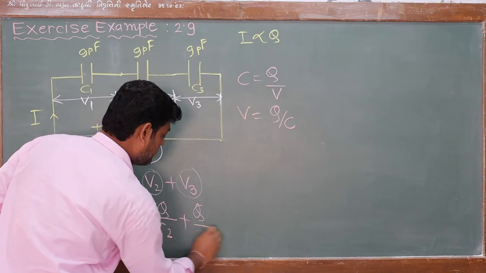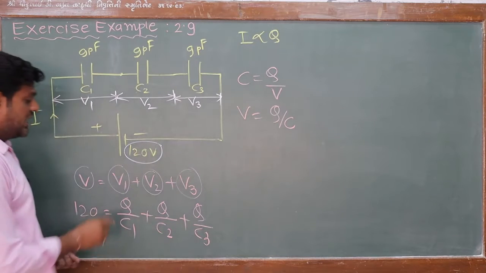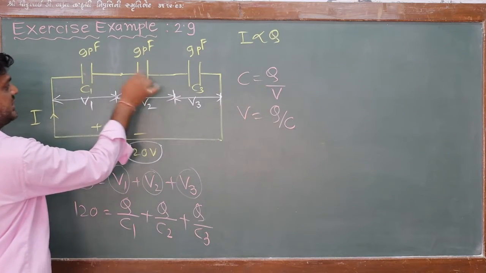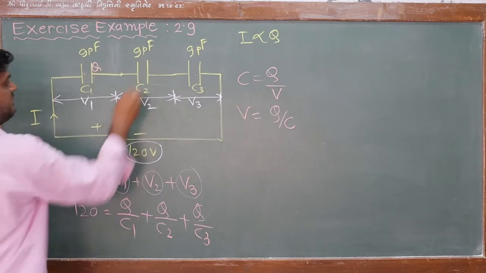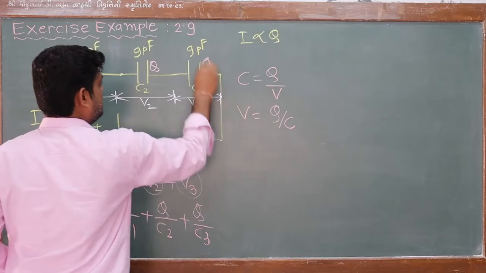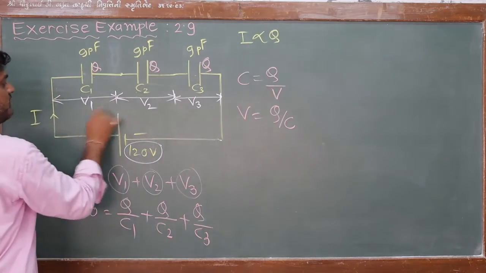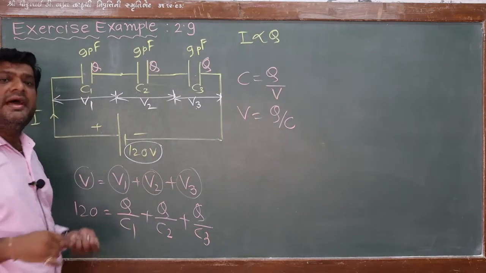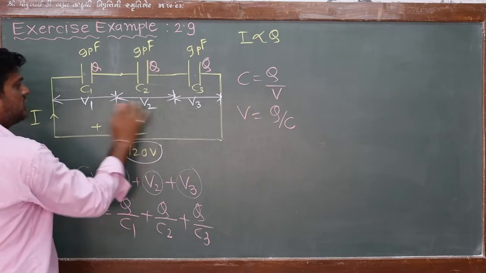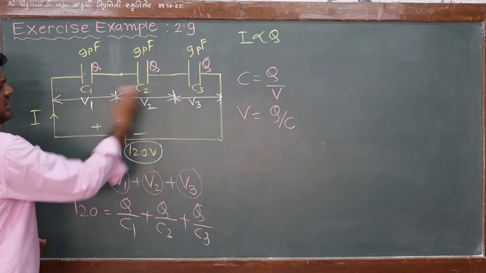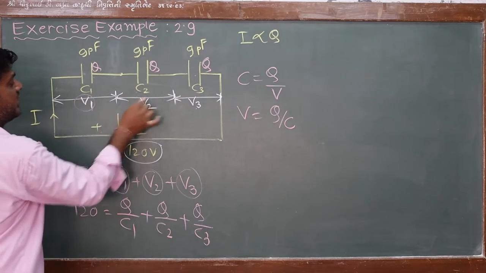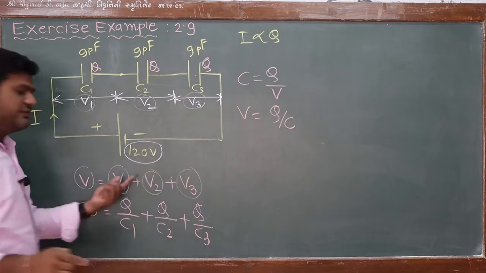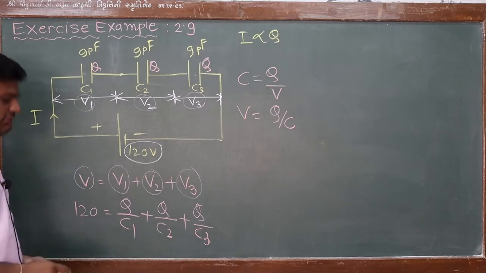Charge will not divide, so the charge on the first, second and third capacitor will be the same. V1, V2, V3 are the potential drops across the three capacitors. In the series combination, as we have already studied, voltage will divide. That's why we write like this. So 120 equal to this.